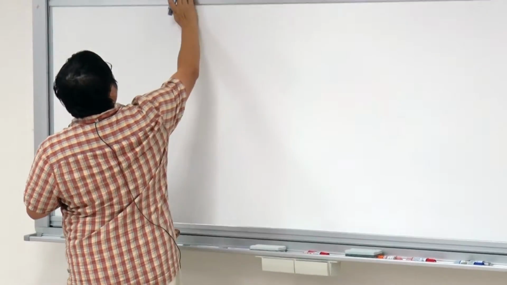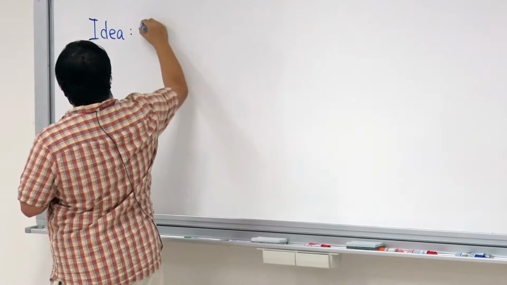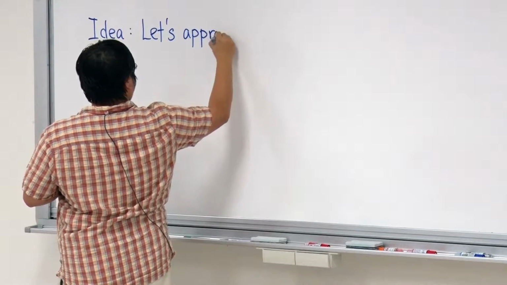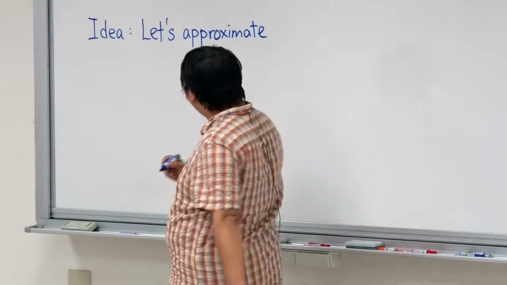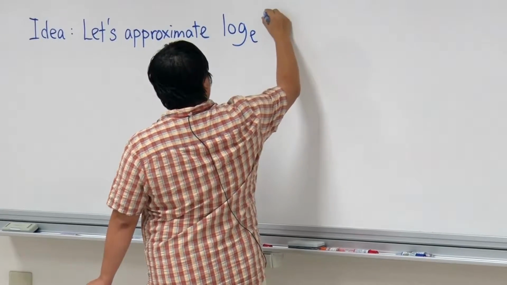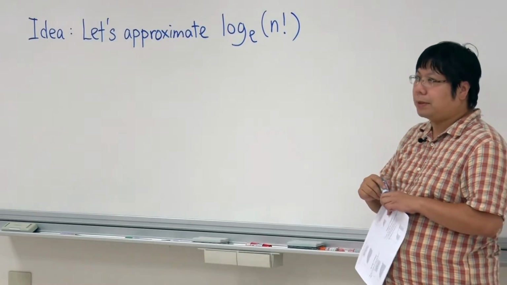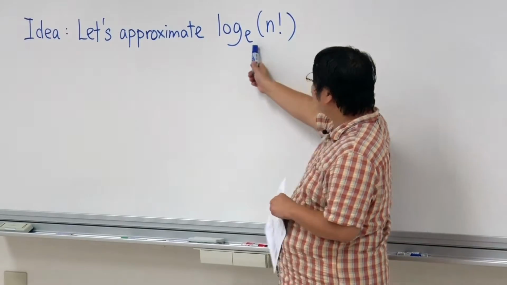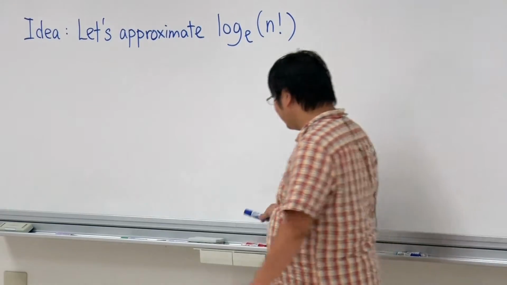The idea is to approximate the value of log, base e, of n factorial. If we find the approximate value of this one, then we can find the approximate value of n factorial. Is that okay? So this is the idea.